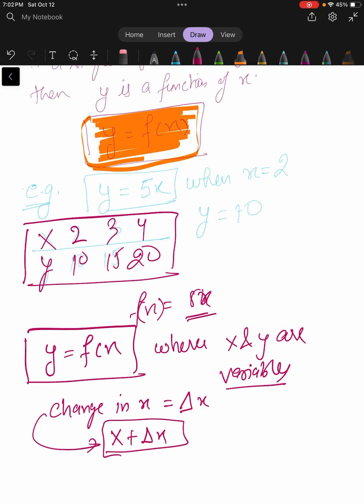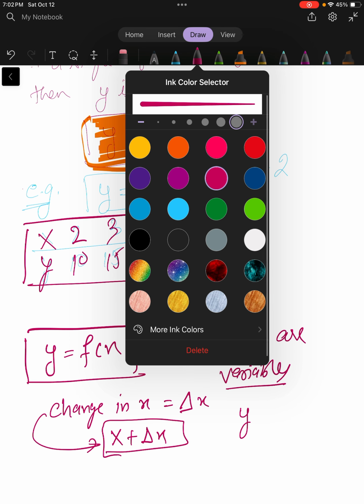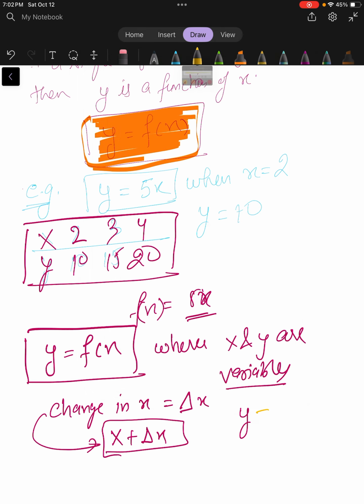So now what will be the value of y? So we will write y is equal to f(x) over here. If there is any change in this one, this y will be f(x plus delta x).